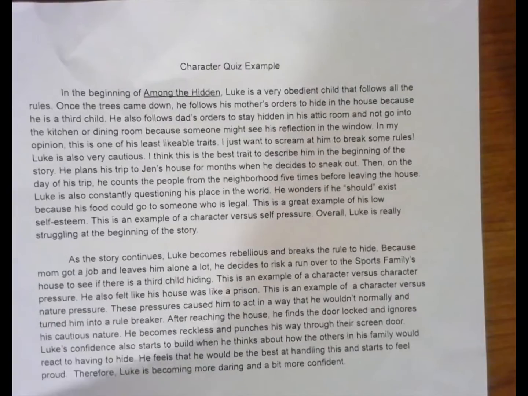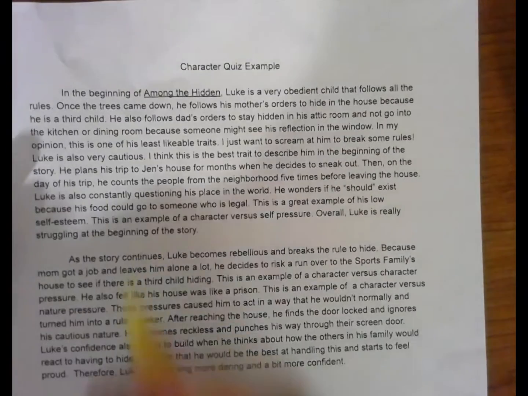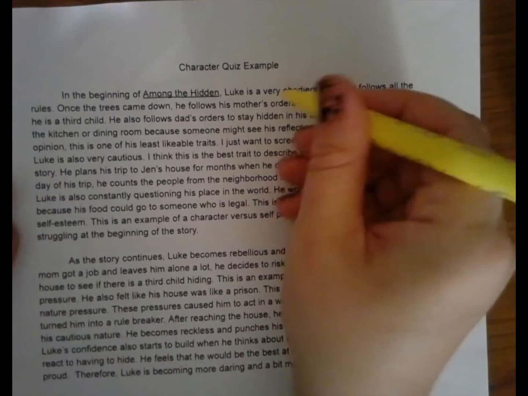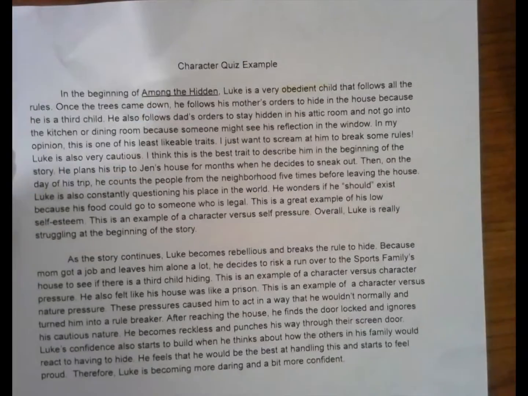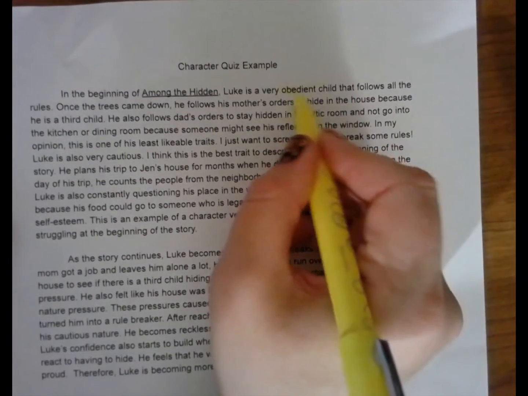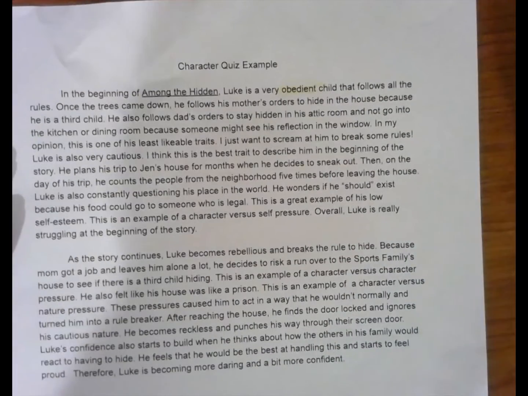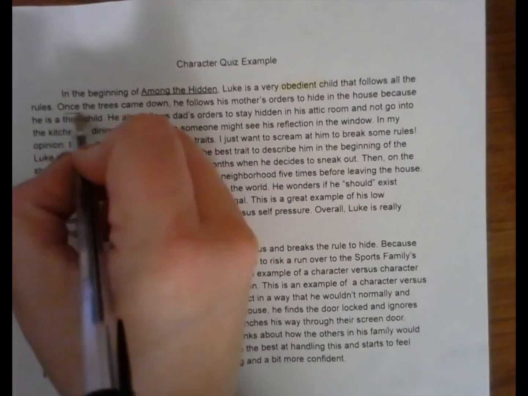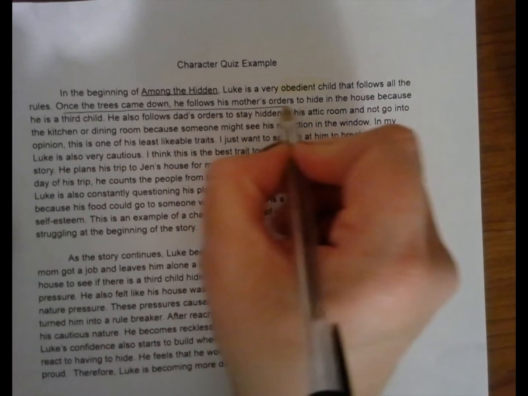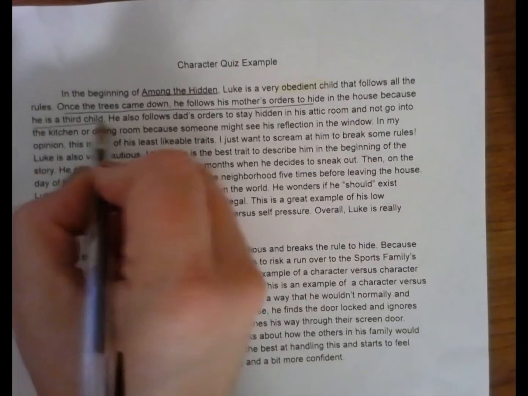So I'm going to take this out and I'm going to highlight the traits. So if you notice, I said he was obedient. And you want to notice I'm using traits, this isn't the best highlighter, I'm sorry, instead of emotions. And I gave the example for obedient, that he follows his mother's order to hide in the house.